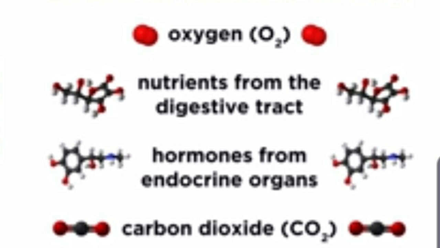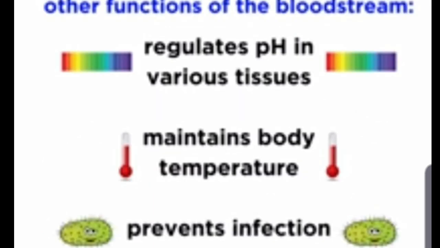Blood also delivers waste products to the organs that will dispose of them, like the carbon dioxide that we exhale. Beyond this, blood serves to regulate pH in various tissues, maintain body temperature, and prevent infection.